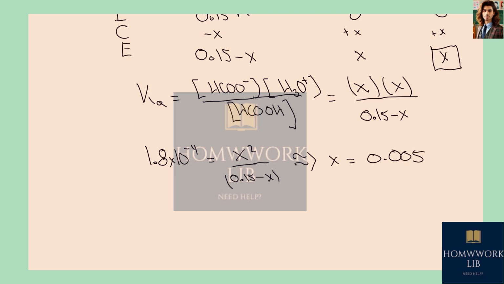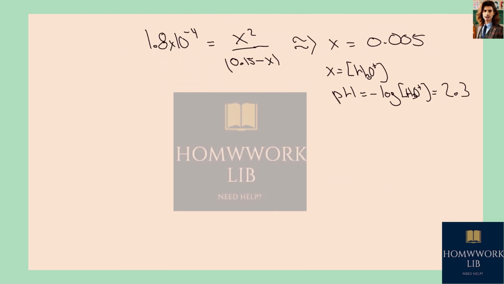If we use that x, and remember that this is equal to the concentration of hydronium, plugging this into our pH equals minus logarithm of hydronium ion, we get a result of 2.3.